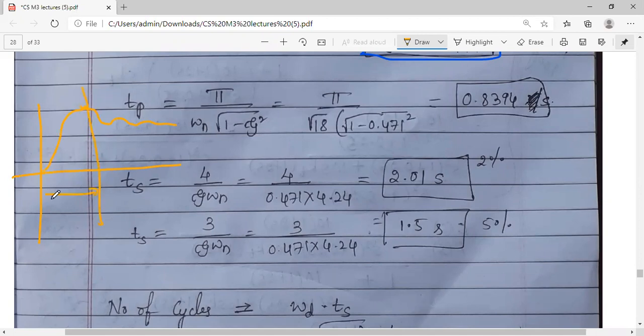This time period, in theory we have seen, is nothing but TP, the peak time. Peak time is the time required for the response to reach the highest value, the first overshoot. So that itself is your TP. We know the formula for TP: pi divided by WN root of 1 minus zeta square. And we have calculated both WN and zeta. So substitute the values, you will get TP, and it is a time. So put it in seconds.